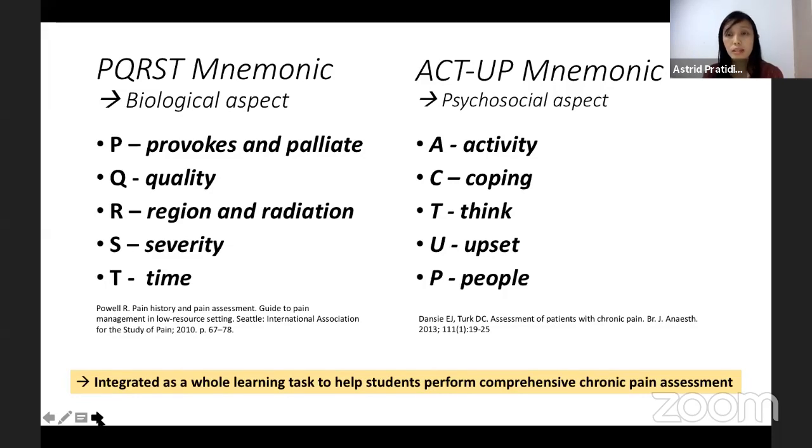So it means that in this course, we would like to integrate the biological aspect and psychosocial aspect in the assessment of chronic pain as a whole learning task. And we would like to help students perform comprehensive chronic pain assessment. This is very similar to the 4CID principle that the learning task should be a whole task learning.